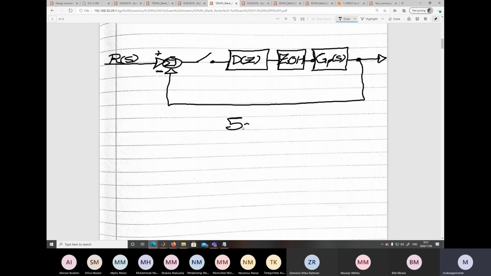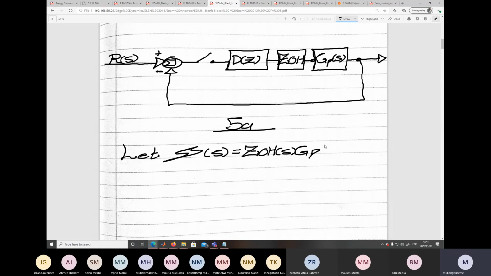So what I'm going to do is say let G-bar of S equal zero order hold of S times GP of S.